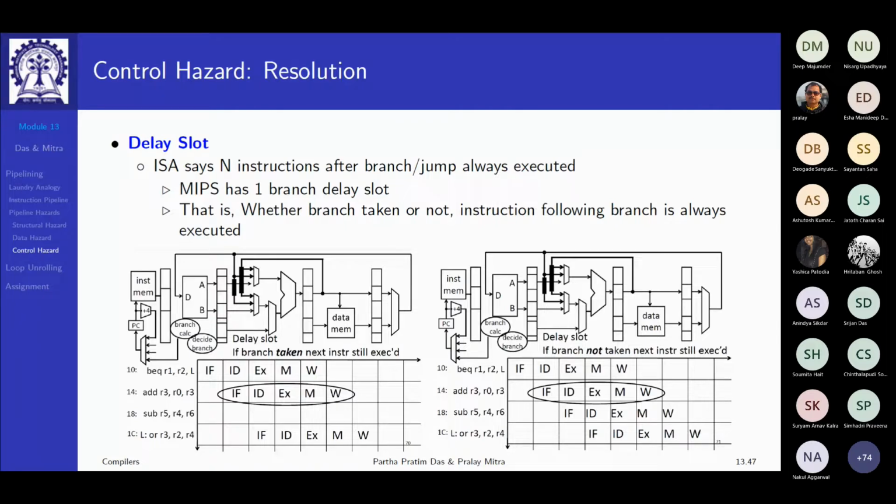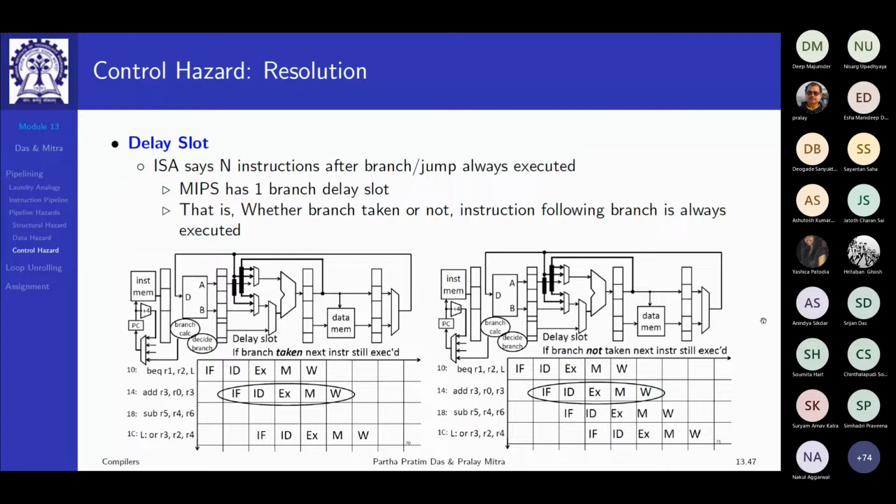And if you cannot do that, you have to at least fill it up with a nop. So which means that if you are doing the branch here, if the branch is taken, the next instruction is still executed. If the branch is not taken, the next instruction is still executed. So add will be executed in any case. Right?